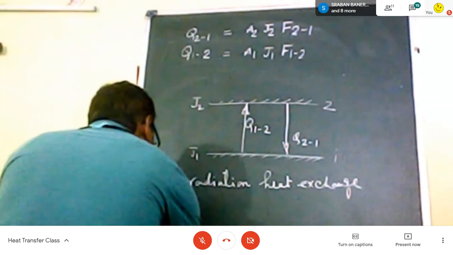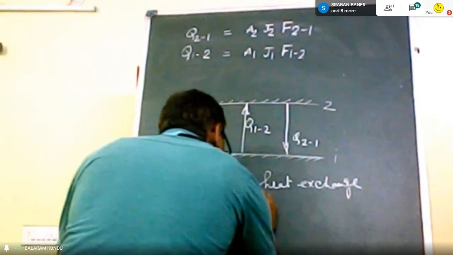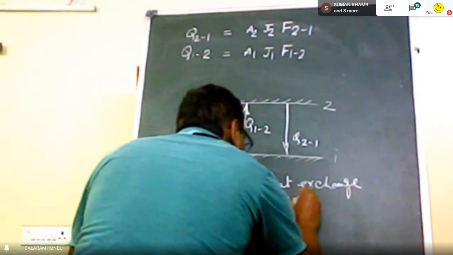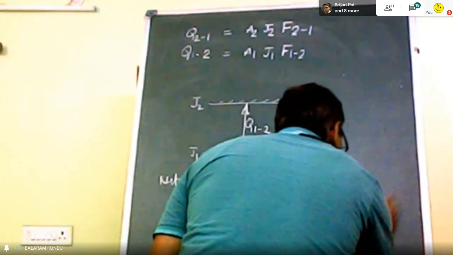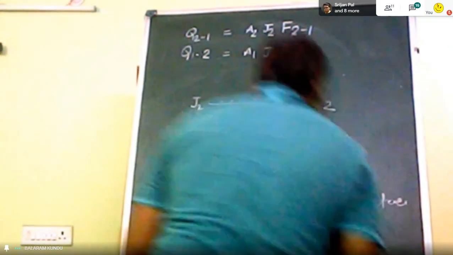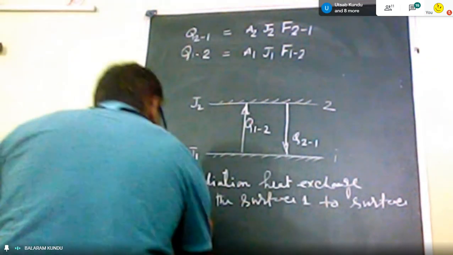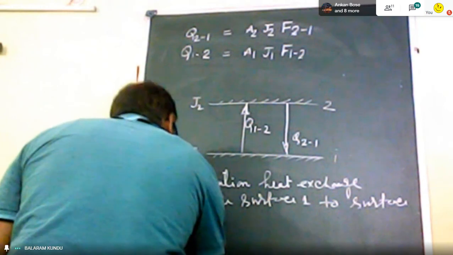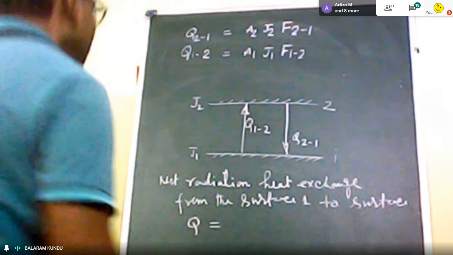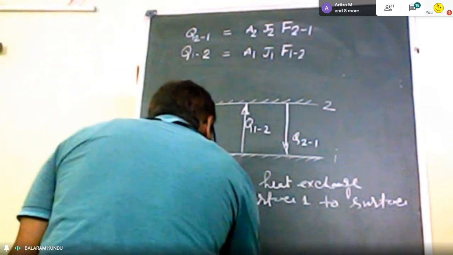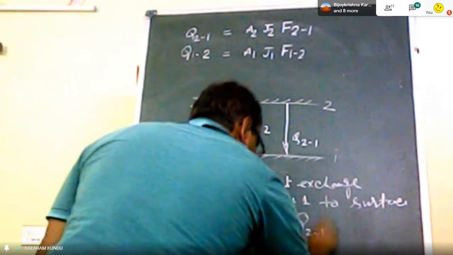From Q12 and Q21, the net radiation heat exchange from surface 1 to surface 2, say Q, should be equal to Q12 minus Q21.